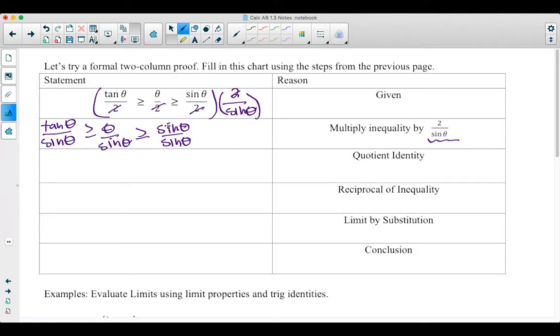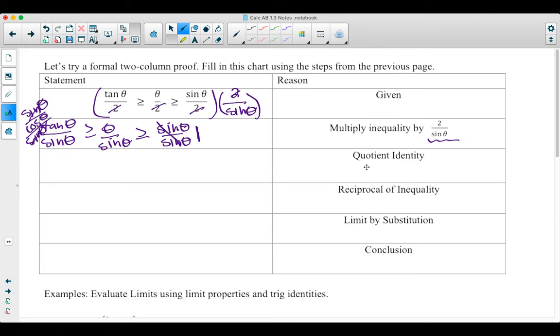This would just be equal to 1. And then tan theta over sine theta, well, tangent theta is sine over cosine, all over sine then. So our sines would cancel out. So we'd really be left with just 1 over cosine theta on this left-hand side.